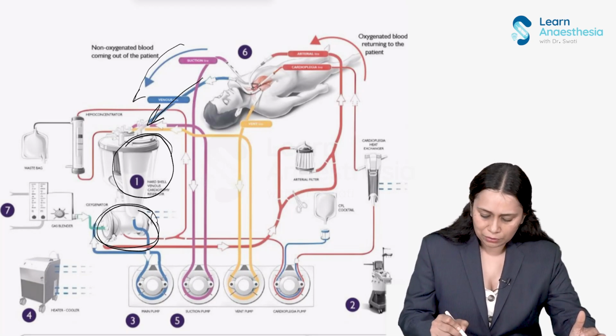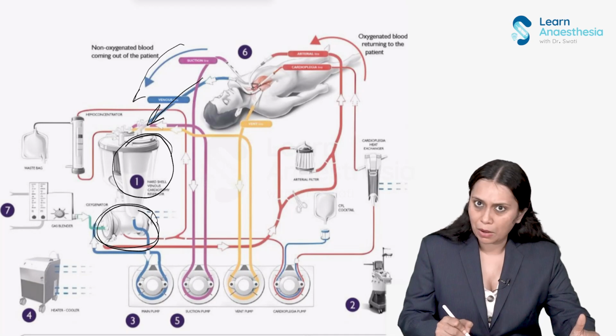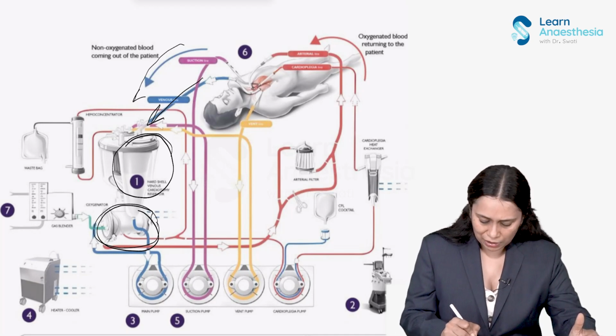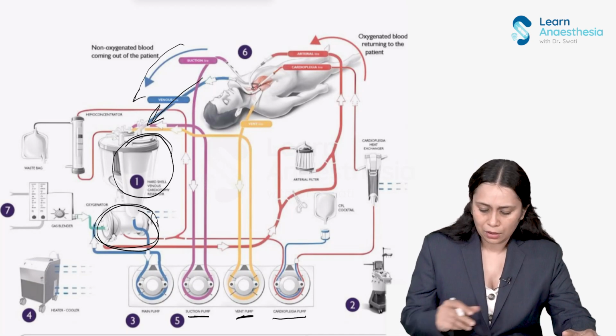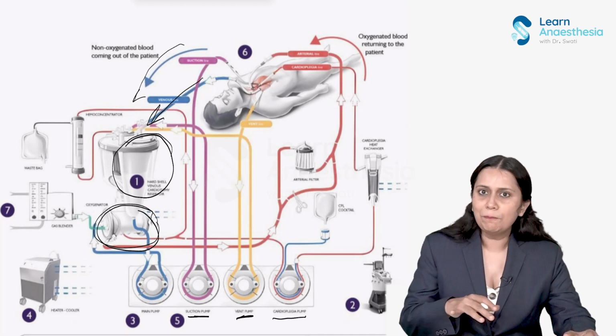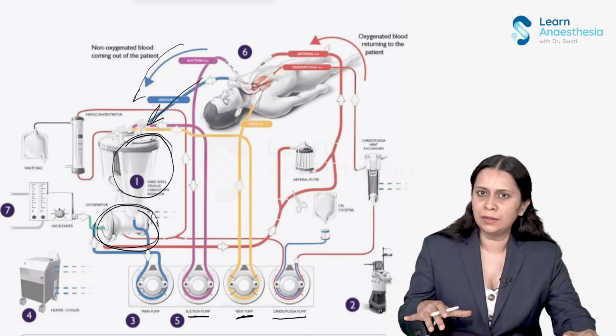Okay, now there are various other pumps also, like we have a suction pump, we have a vent pump, we have a cardioplegic pump. So I'll talk about all these pumps. So I have just simplified this design of the CPB.